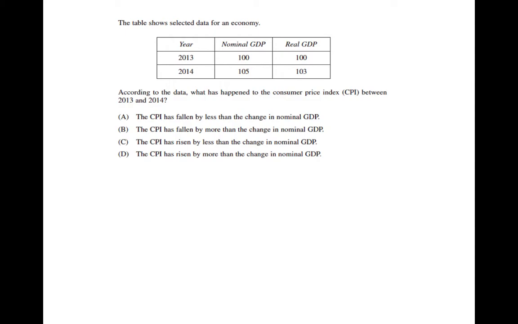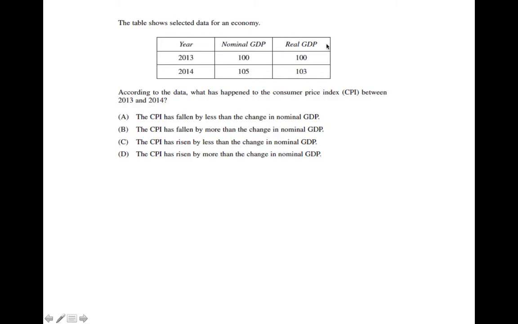All right, so this one shows data for an economy, and what they want you to do is to figure out what has happened to the consumer price index. Okay, so what we know is that consumer price index measures inflation. All right, that's what CPI does. We also know that real GDP is nominal GDP adjusted for inflation.